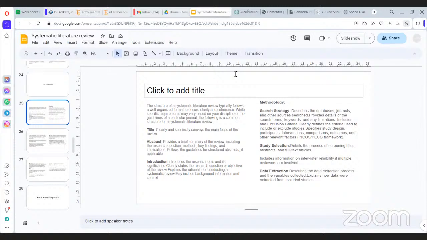For example, Antony, your study is related to mental health issues, and I have already written several domains of mental health issues in the group. So your approach will be related to that one. It will not be related to the systematic review of literature. But you have to follow this principle.